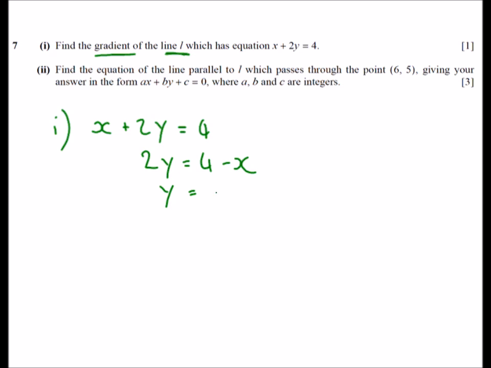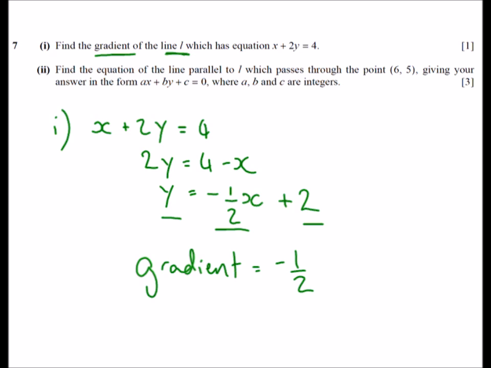So I'm going to have minus x, but when I divide that by 2, I get minus a half x. And then my plus 4 divided by 2 becomes plus 2. So I can see I've got it in the form y equals mx plus c, but I've not finished the question. The question asks for the gradient. So the gradient, I can say nice and quickly, is equal to minus a half.